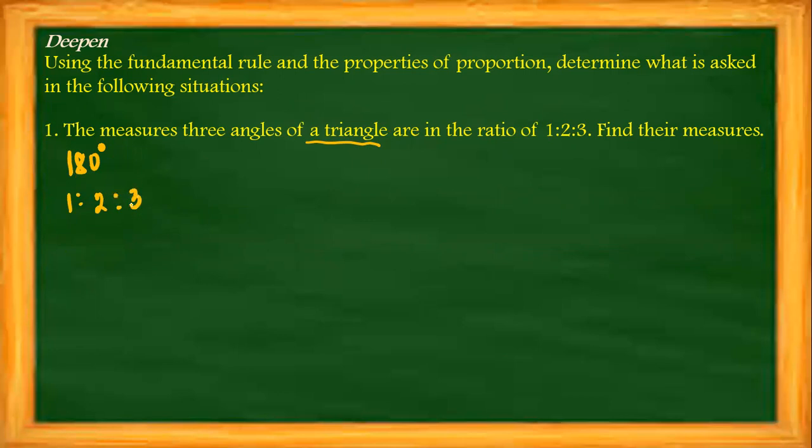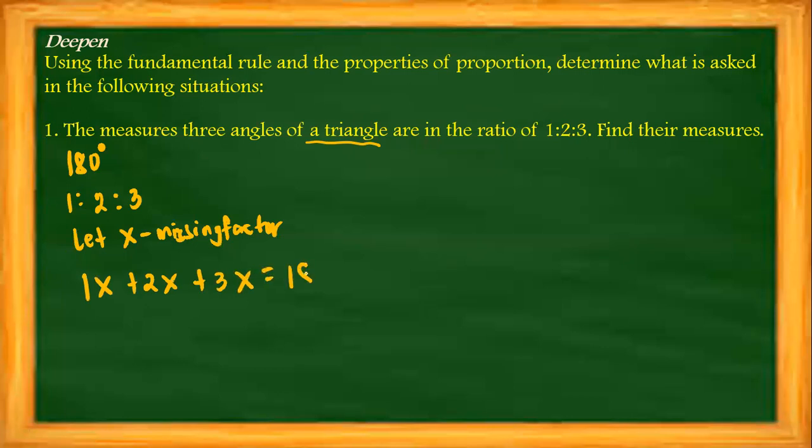Alright, that is 180 degrees with a ratio of 1 is to 2 is to 3. Meaning that if we add these three angles, we need to get 180 degrees, but we don't know the factor. So let's assume that the missing factor is x. So let's write 1x plus 2x plus 3x is equal to 180.